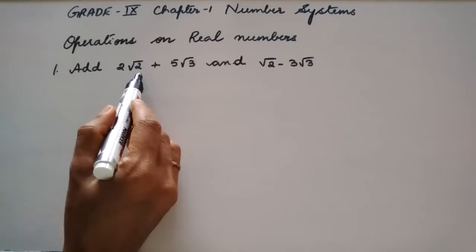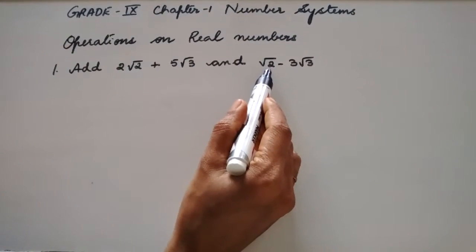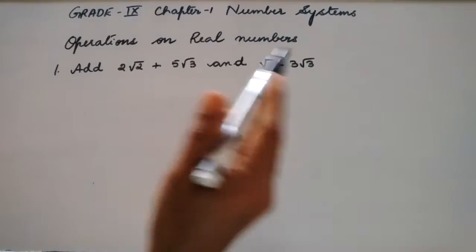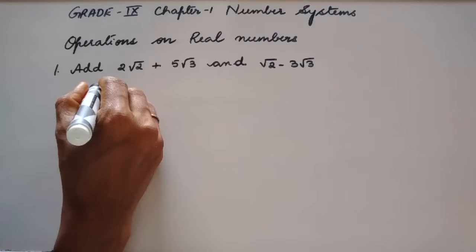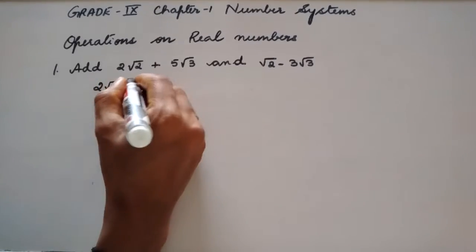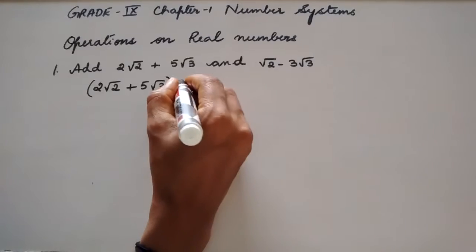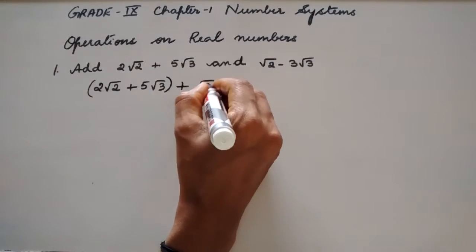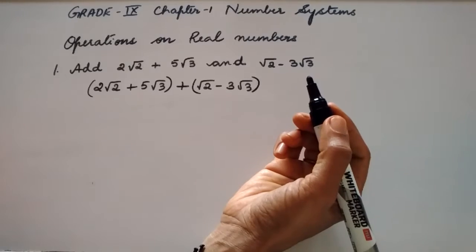Add 2√2 + 5√3 and √2 − 3√3. Let us add these numbers. 2√2 + 5√3 + √2 − 3√3.